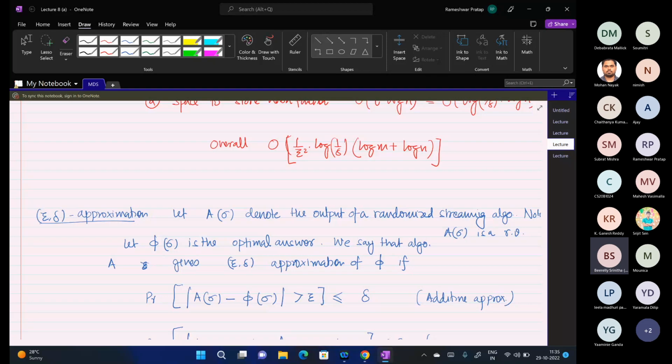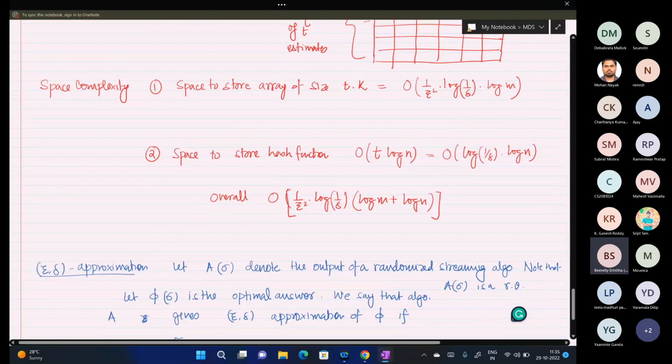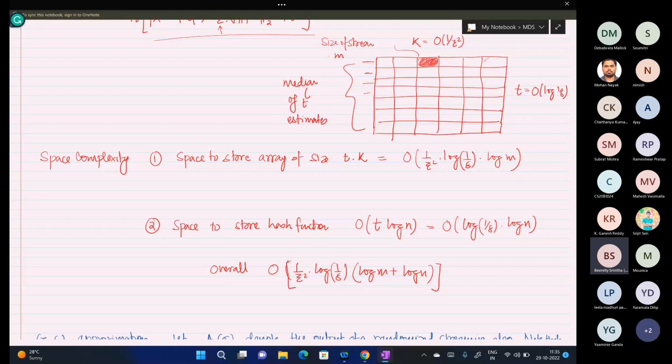One question I have: this space complexity, whatever you have shown, is almost similar to the other streaming algorithms also. I'm a little bit confused. Most of the algorithms come with almost similar derivations and similar space complexity, like the Morris counter which we were taught last, and some of these probabilistic algorithms come up with exactly the same complexity.